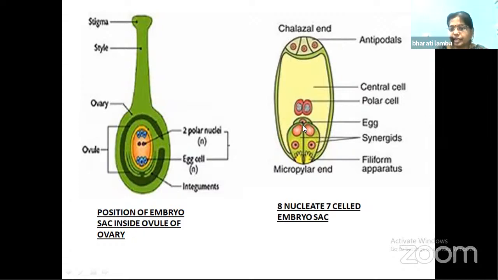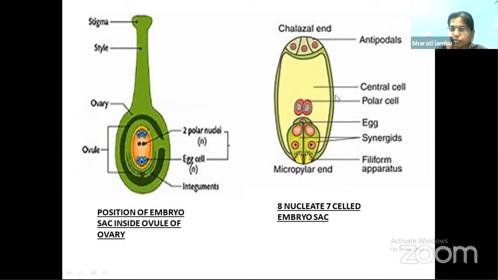And these two are the polar nuclei. These polar nuclei will fuse together to form the secondary nucleus. At the chalazal end, you can see the antipodals. Three antipodals are present at the chalazal end. The egg apparatus is present at the micropylar end. What is the nature of this embryo sac?